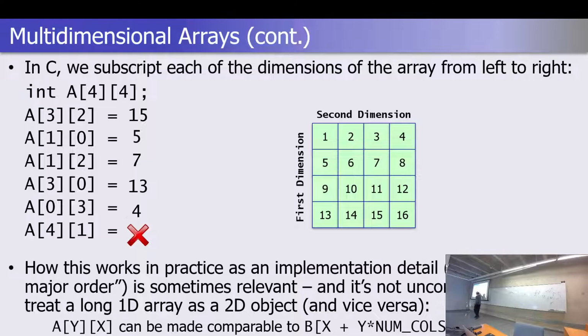How this multidimensional layout of data works in practice is an implementation detail that C as a standard does specify. The term you could look for is called row major order. It is sometimes relevant to us in terms of how things get laid out in memory, but I think for the programs we're writing this semester, you're not going to have to play around with that because we have this 2-dimensional data structure. But ultimately, memory is this one-dimensional kind of thing, or at least the programmer's view of memory is.